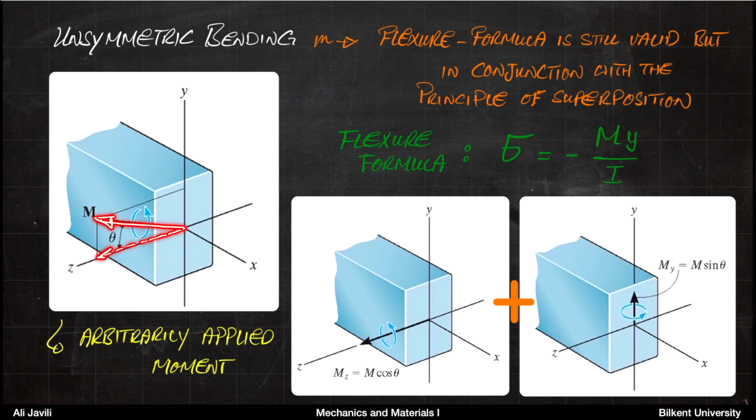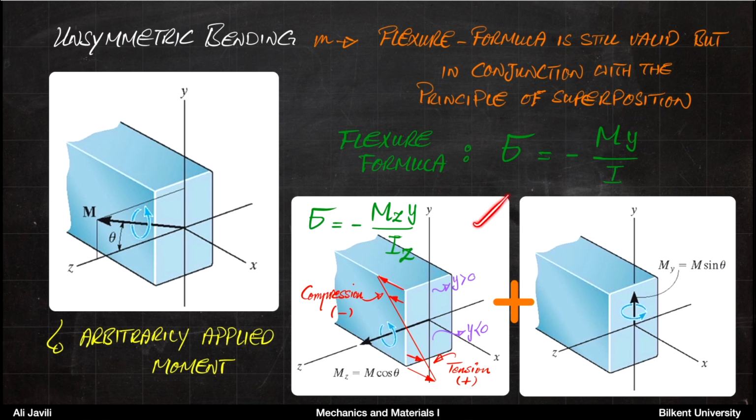It has Mz, which is M cosine of the angle theta, and then you have My, which is M times sine of the angle theta. For each of the two problems, you can solve the bending problem separately, and you can add their solutions together in order to compute the solution for the whole system.